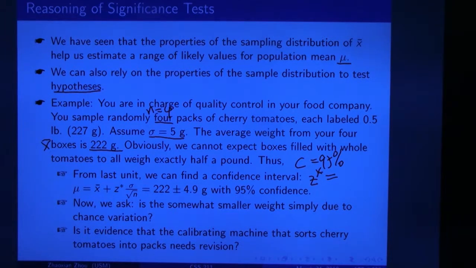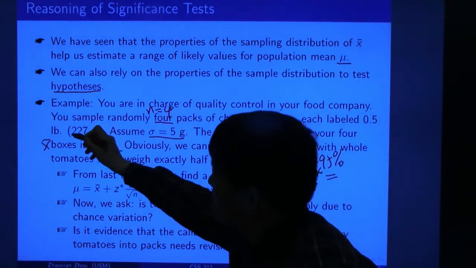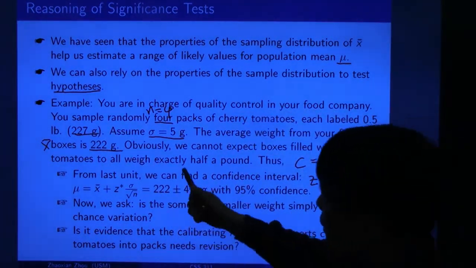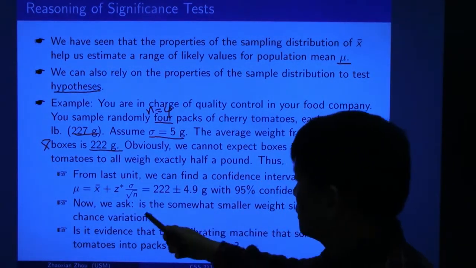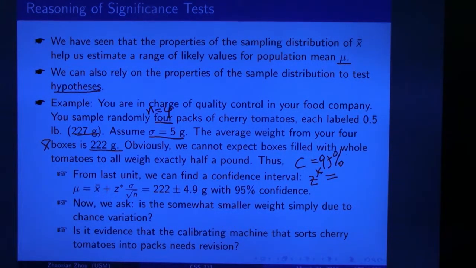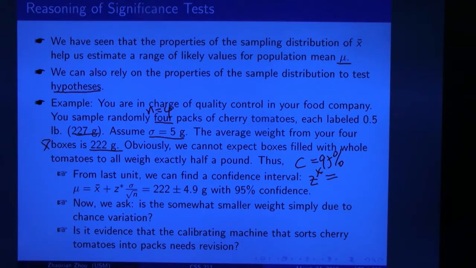Now we are going to ask a different question. We know each box is labeled as 227, but the average of our sample equals 222. So is this somewhat smaller weight simply due to chance variation, because we randomly chose this sample of 4 boxes?